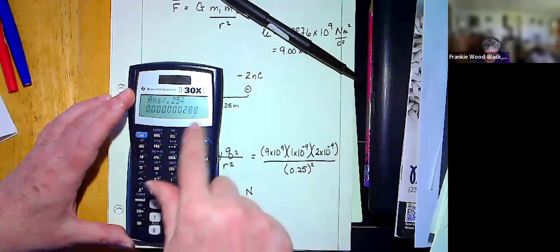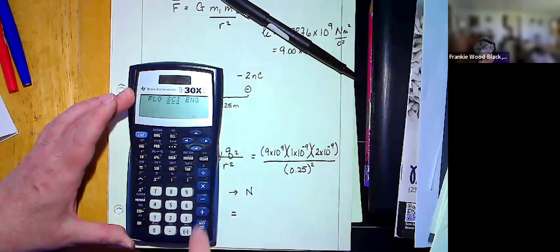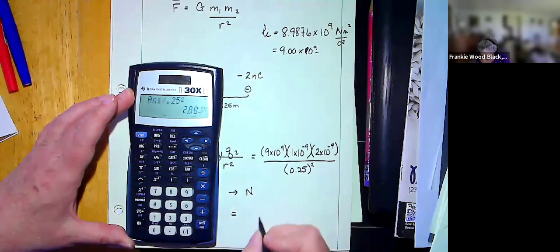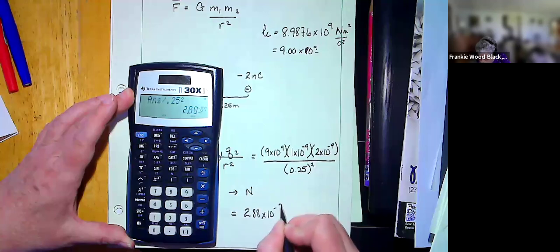And then I have it out here, but I can change that into my scientific notation. And this gives me 2.88 times 10 to the minus 7 newtons.